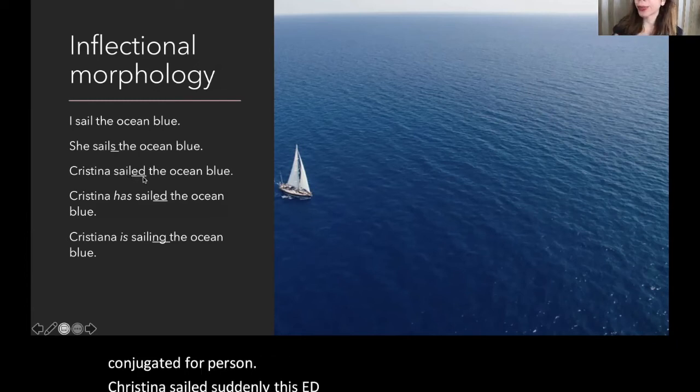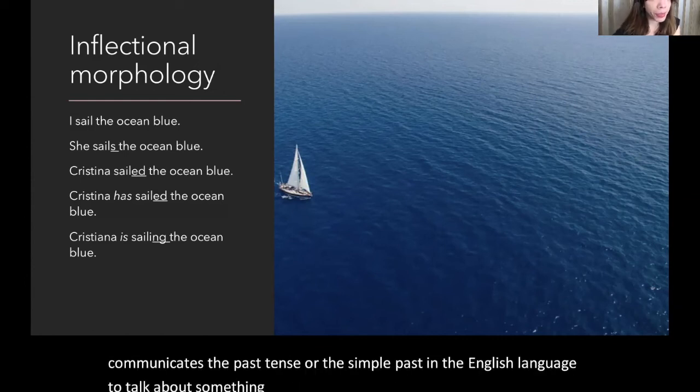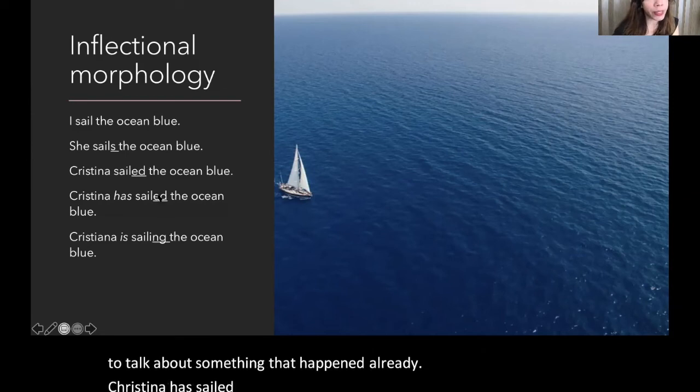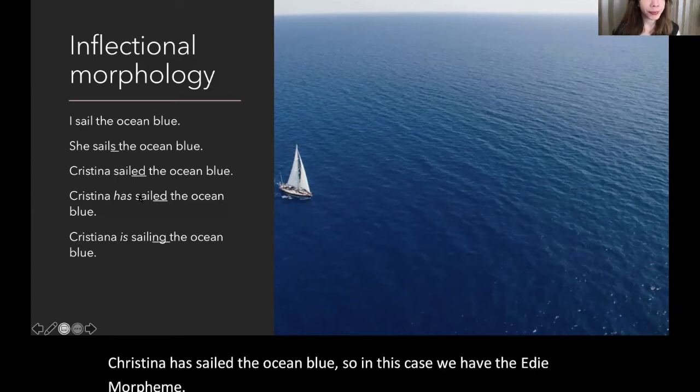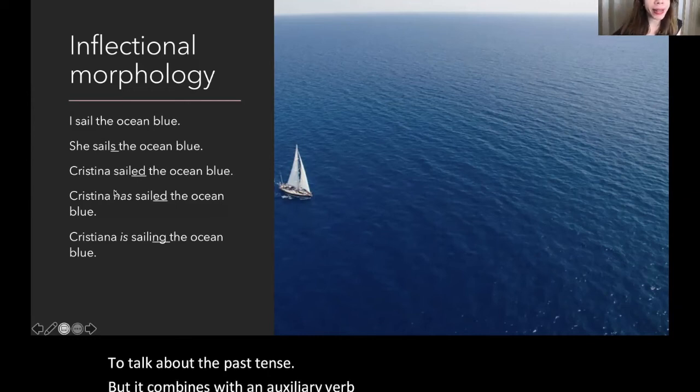This ed, as we know, communicates the past tense, or the simple past, in the English language to talk about something that happened already. Christina has sailed the ocean blue. In this case, we have the ed morpheme to talk about the past tense, but it combines with an auxiliary verb, has, and in this case, it makes the present perfect tense.